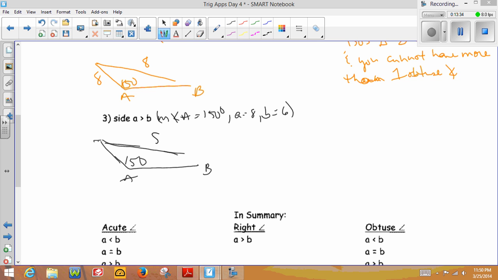A is 8, B is 6. Is that possible? Yes, this is possible because it's an obtuse triangle. Right from what we see, 8 is the longest side. It's across from the largest angle because the obtuse angle has to be the largest angle. So that means the angle B just has to be less than 150. So it can possibly work out that that would be the case.